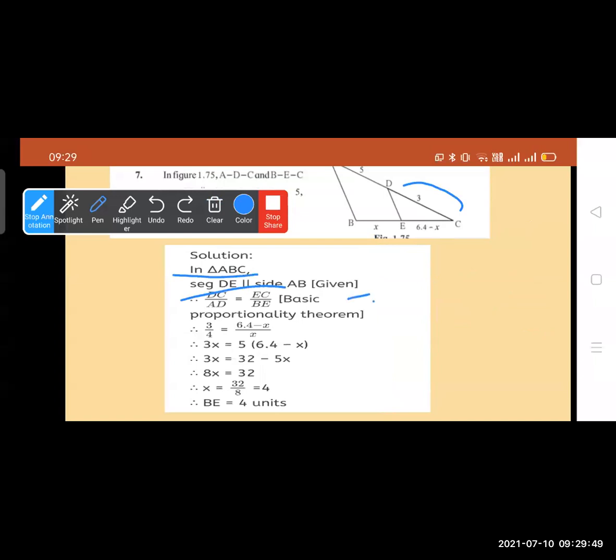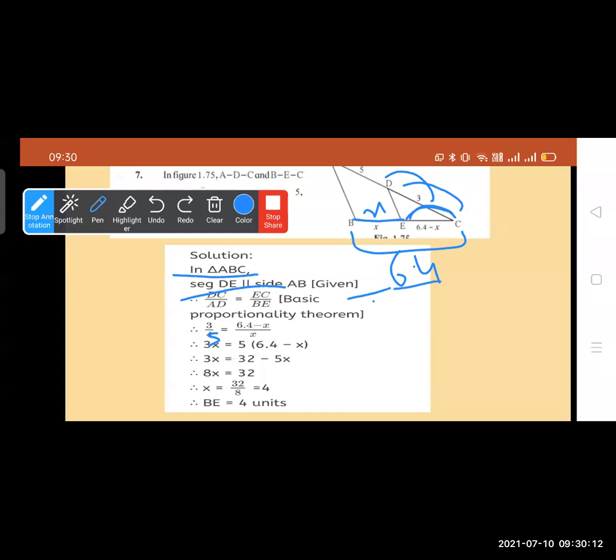Now substitute here 3 by 5 is equal to, here we take BE is equal to X and BC is 6.4. So we want to find EC.